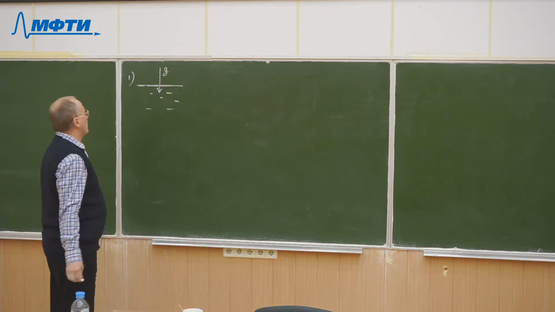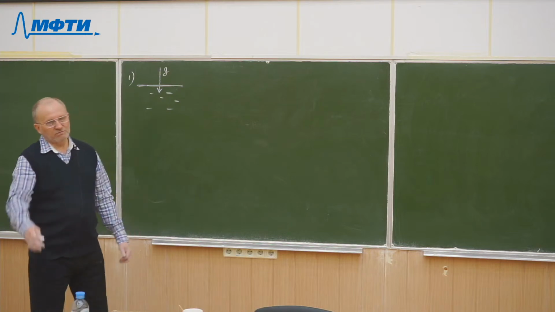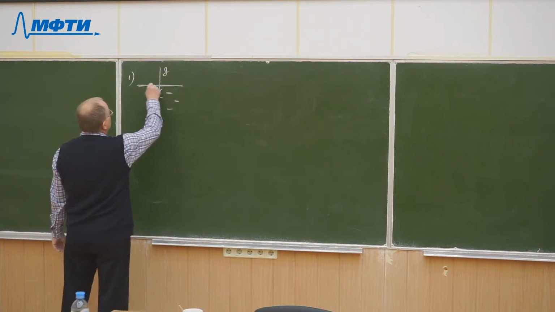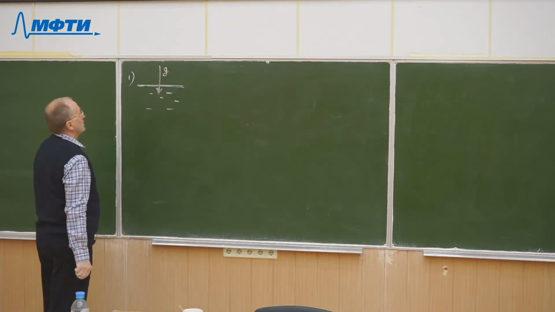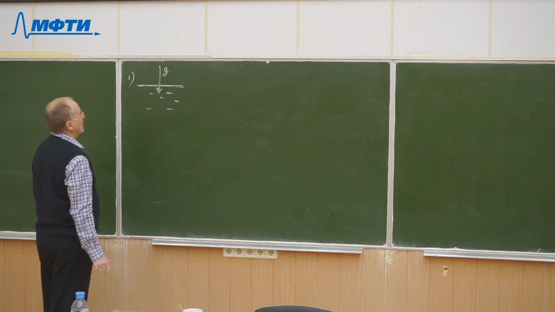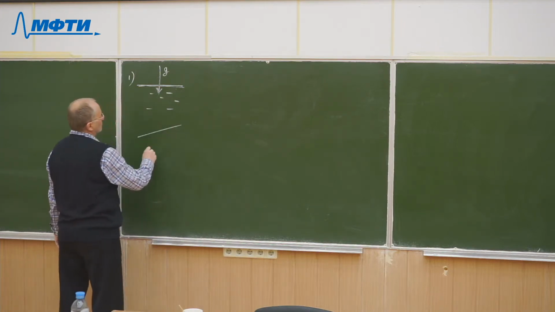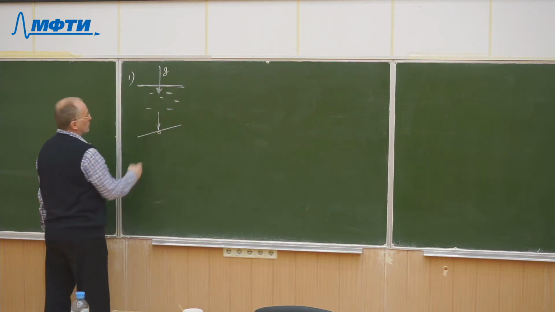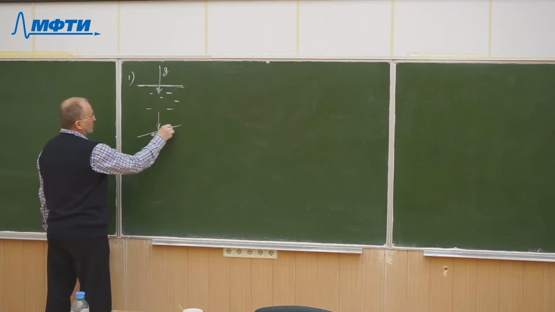The liquid in the sea, in the ocean, in a bottle of water, anywhere, the surface of liquid turns out to be perpendicular to the vertical. And it's easy to understand why this is so, because if the surface was not perpendicular, then any small portion of liquid will tend to slide down this slope.